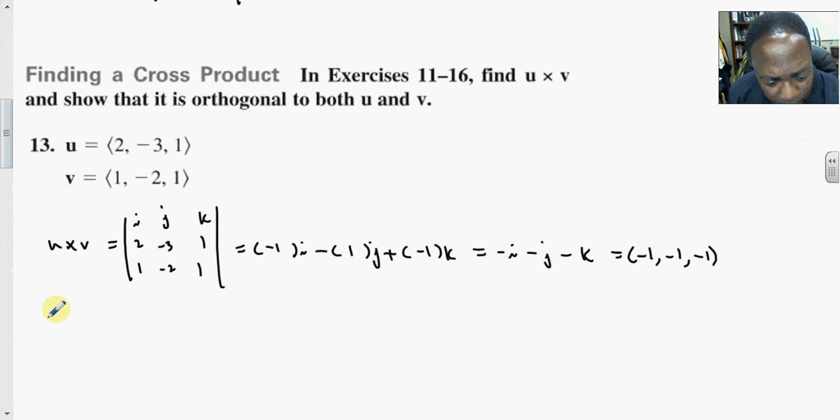So need to show that the dot product of u with the cross product here gives us 0. Now understand that this is not the triple scalar, if you will.